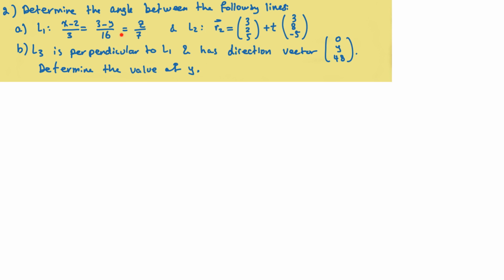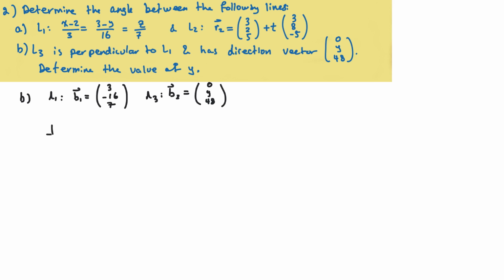We've already found the direction vector of line 1 in part 1 of the question. So line 1 has B1 equal to 3, negative 16, and 7, and line 3 has B3 equal to 0, y, and 48 as the x, y, and z components.